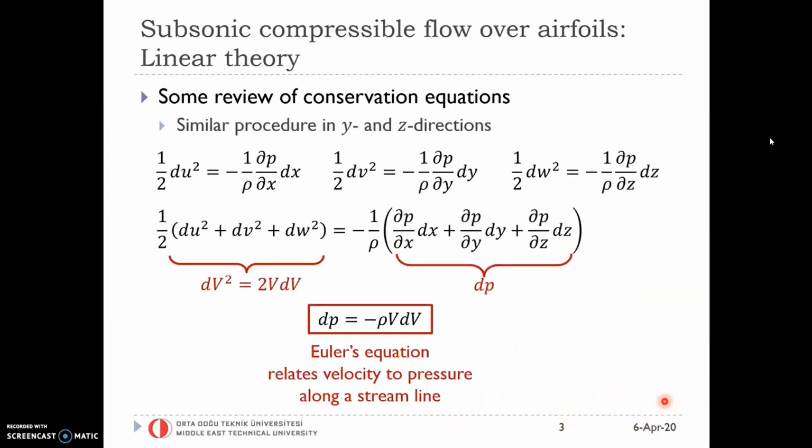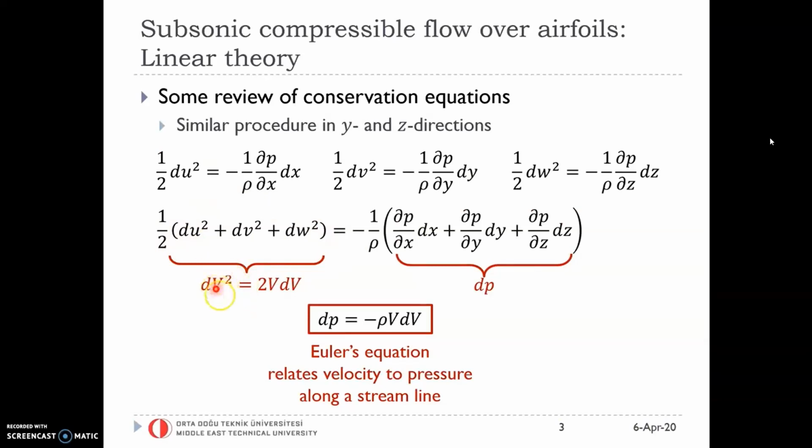That's only the momentum equation in the x direction, but if you write it in the y and z directions, you will end up with these two other equations that are shown here. Let's sum all of these equations up, left and right hand side separately, as you can see. On the left hand side you will end up with 1 over 2 times the summation of these three terms, which is nothing but d(V squared).